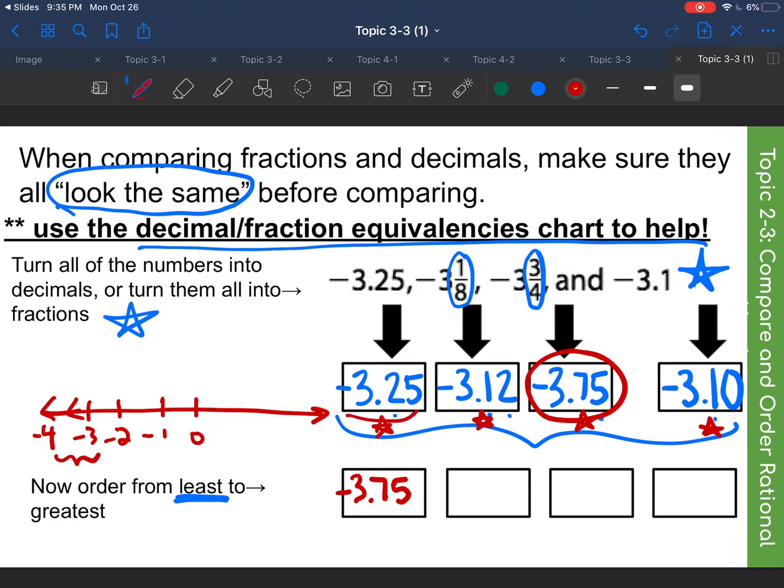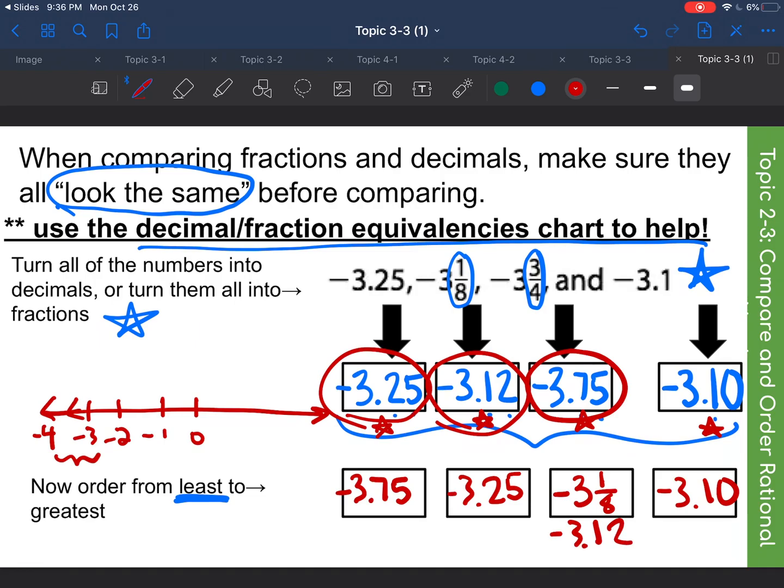What is the next farthest away from 0? It's -3 and 25/100ths. And the next farthest away from 0 is negative 3 1/8, or around negative 3 and 12 hundredths. And the greatest decimal, which is the negative that is closest to 0, is negative 3 1/10, or negative 3 and 10 hundredths, however you want to write it.